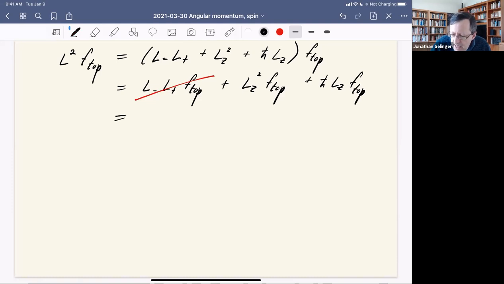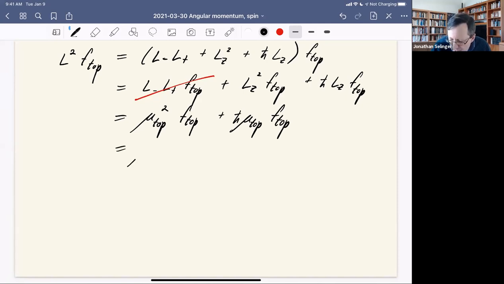LZ acting on F top once gives a factor of mu top. LZ acting on F top twice gives 2 factors of mu top, so that's mu top squared times F top. And likewise, this is plus H bar mu top times F top.